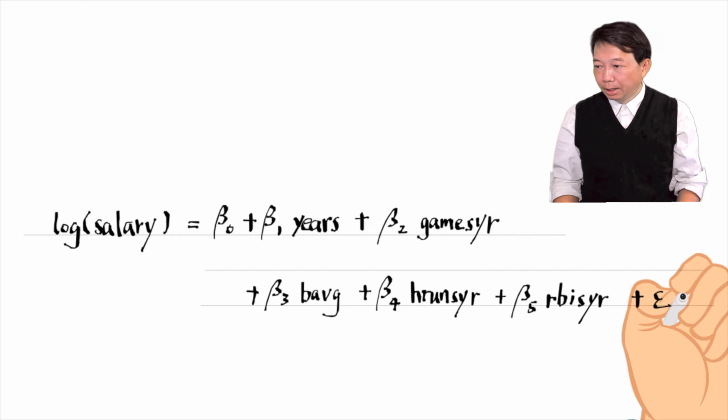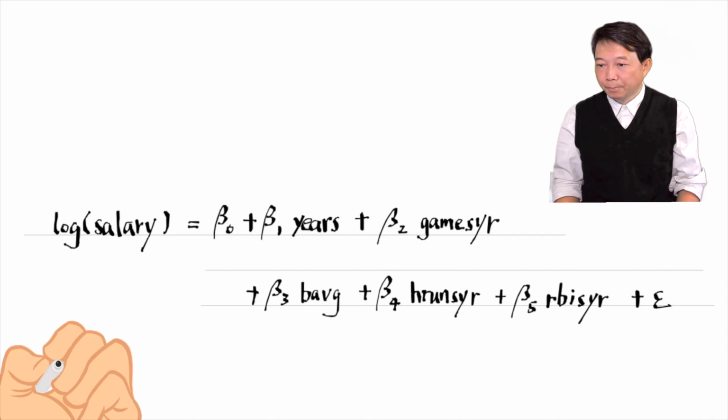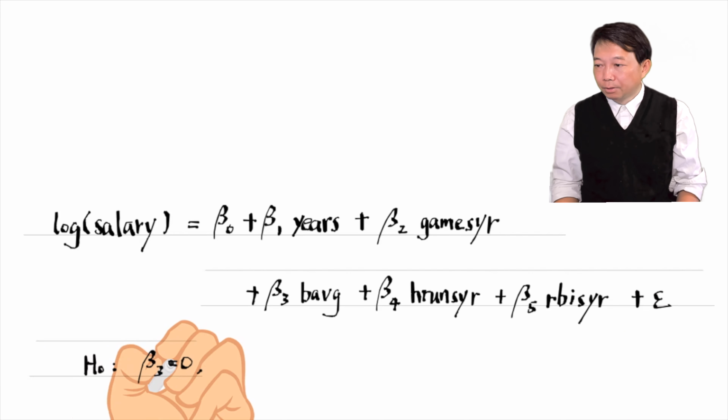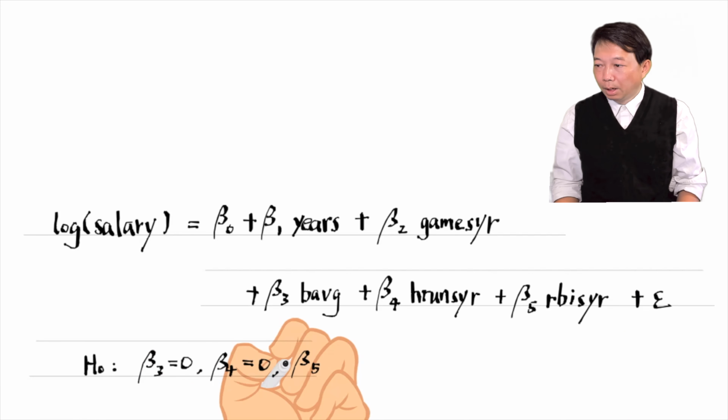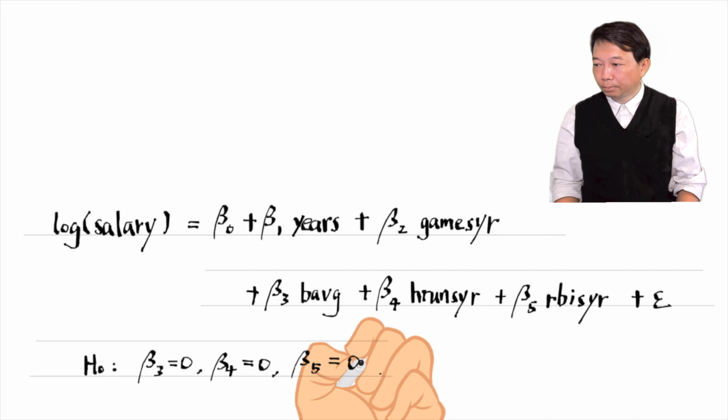Suppose we want to test the null hypothesis that once years in the league and games per year have been controlled for, the three performance variables do not affect salaries. Essentially, the null hypothesis states that productivity as measured by baseball statistics has no effect on salary. The null hypothesis is that beta 3, beta 4, and beta 5 equal 0.